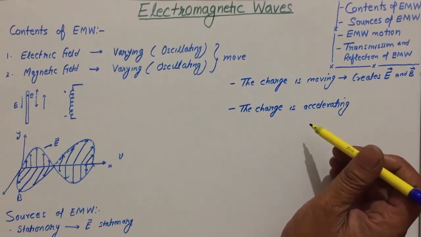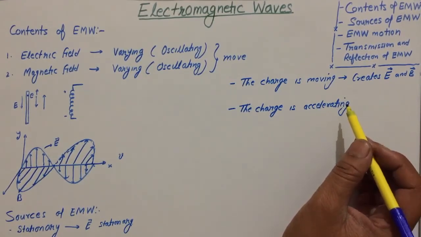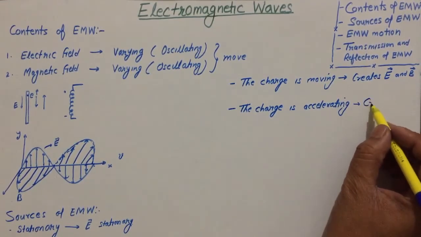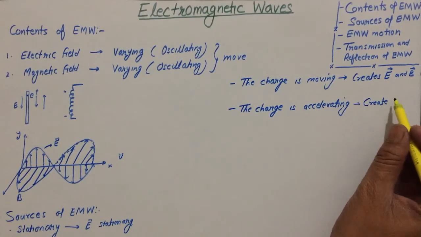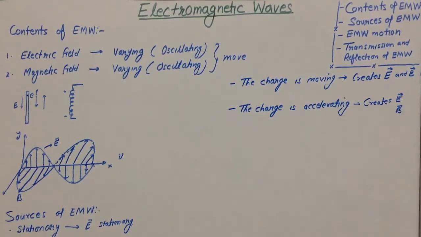And the third case, when the charge is accelerating, in this case it creates electric field as well as magnetic fields.